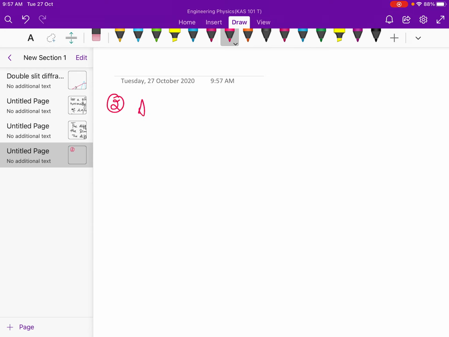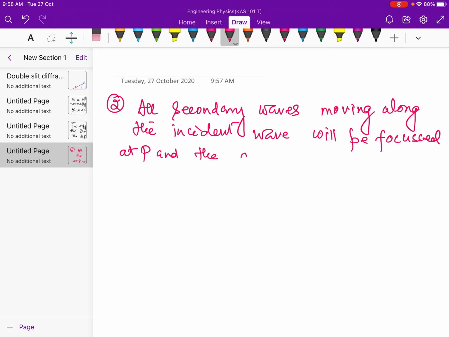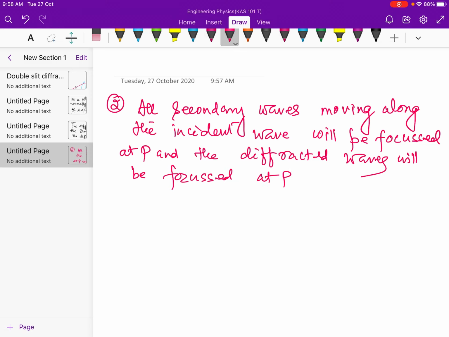Second, all secondary waves moving along the incident wave will be focused at P, and the diffracted waves will be focused at P dash.